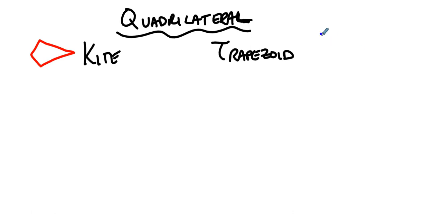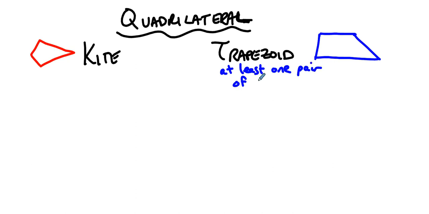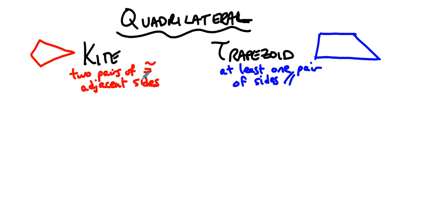Trapezoids are quadrilaterals where at least one pair of sides are parallel. So whereas a kite has two pairs of congruent adjacent sides, kites are classified by their sides and the lengths of their sides. Trapezoids are trapezoids because they have at least one pair of parallel sides.